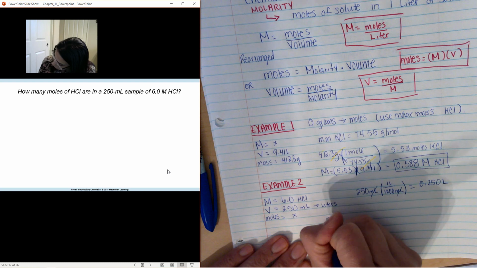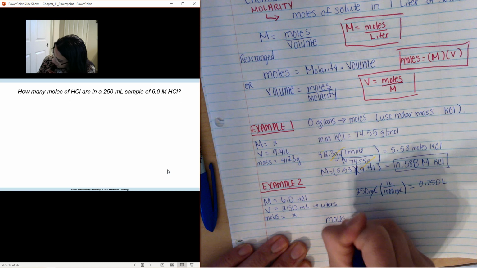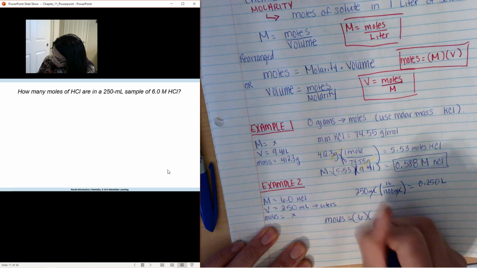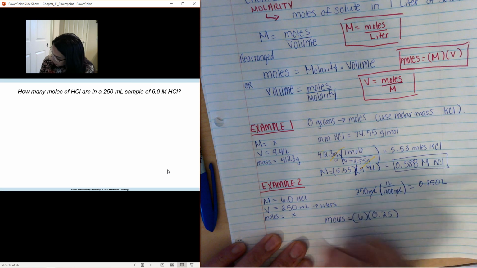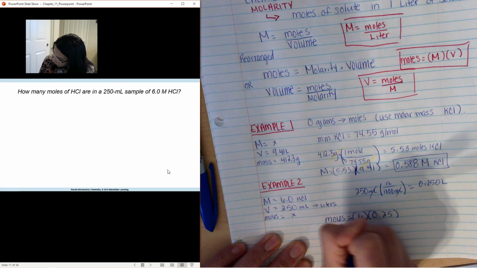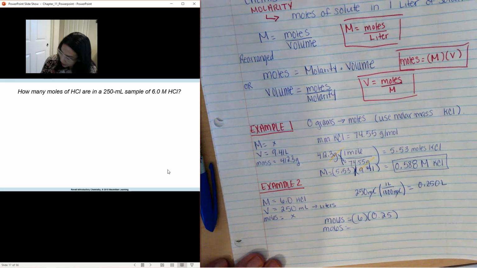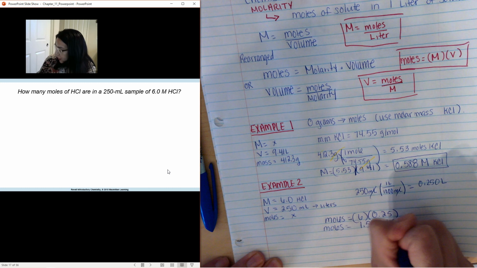So we're solving for moles, so we're using this equation right here. Moles is equal to the molarity times our new volume. So therefore, moles is equal to 6 times 0.25, and I get 1.5 moles of HCl.